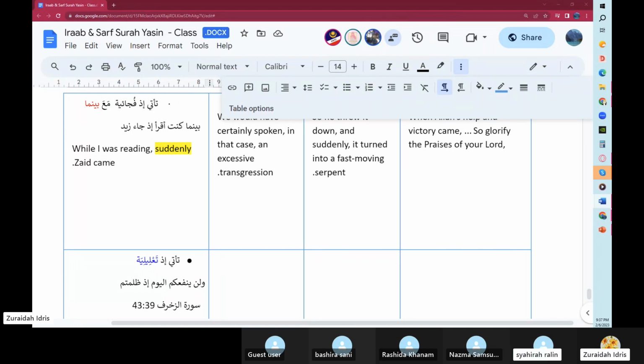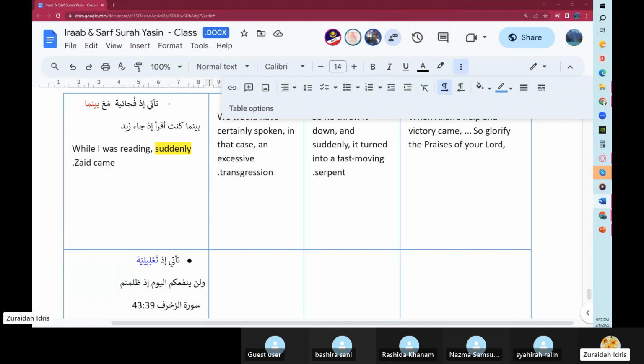Remember? That's like an isim, right? So in that case, you must put a fi'il after that iza. Then it will make sense.